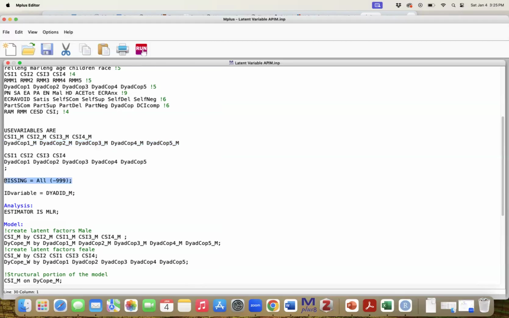We have our MISSING command. We have relatively little missing data, but we do need to enter it and tell Mplus that all variables with a negative 999 in that cell mean that the data is missing.